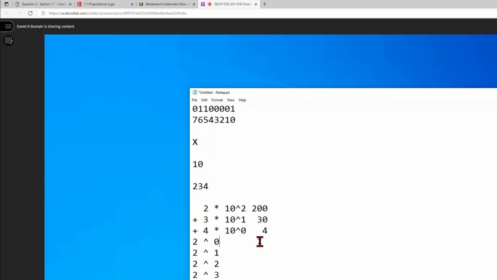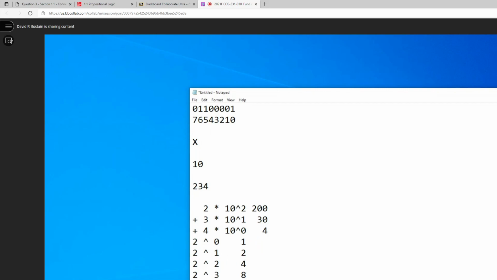We know the guy on the right is always equal to 1. So 2 to the 0, anything to the 0, at least in the world we're working in right now, is equal to a 1. This guy is going to be equal to the base himself. This guy is going to be double that, or a 4. We're working in decimal now. Double a 4, you get an 8. So 2 raised to the 4th would be a 16.